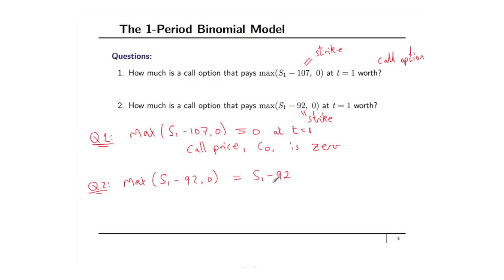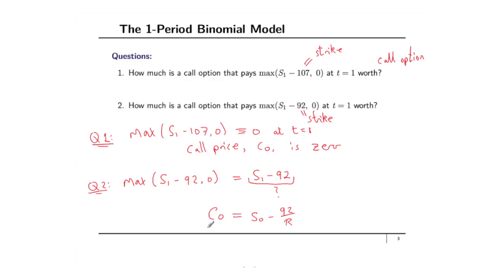So if I'm going to get S1 minus 92 at time t equals 1, how much is this payoff worth today at time 0? Well, linear pricing tells me it must be worth S0 minus 92 over R. That's because I'm getting S1 at t equals 1, and S1 at t equals 1 must be worth S0 today. I'm also getting minus $92 at t equals 1. Well, 92 is just a fixed deterministic cash flow, so I just discount its value back to t equals 0 to see that this is the total value of the option price at time 0.